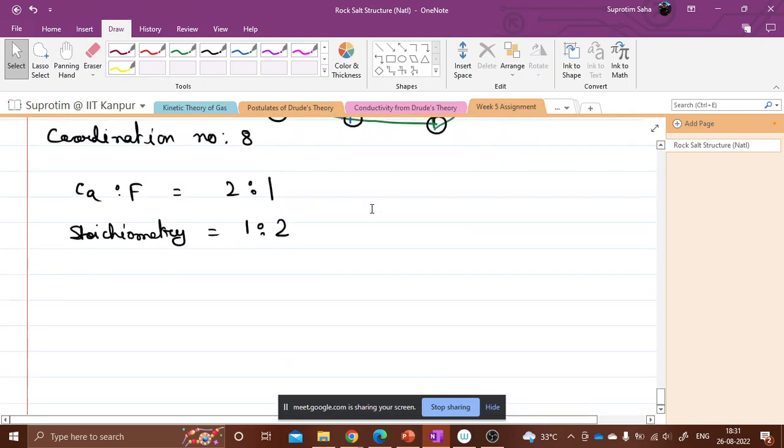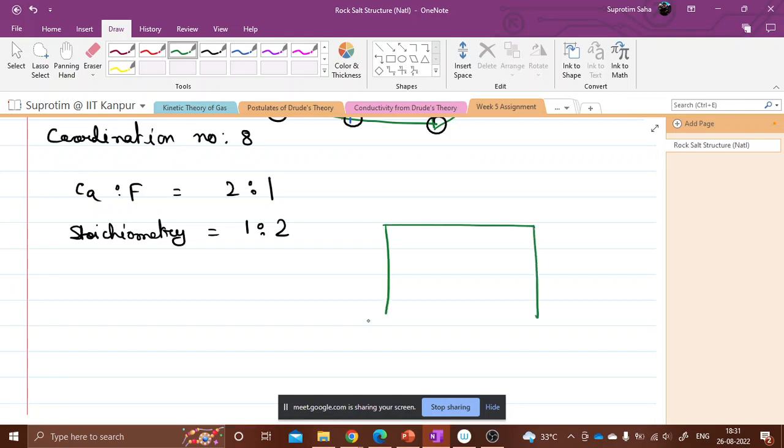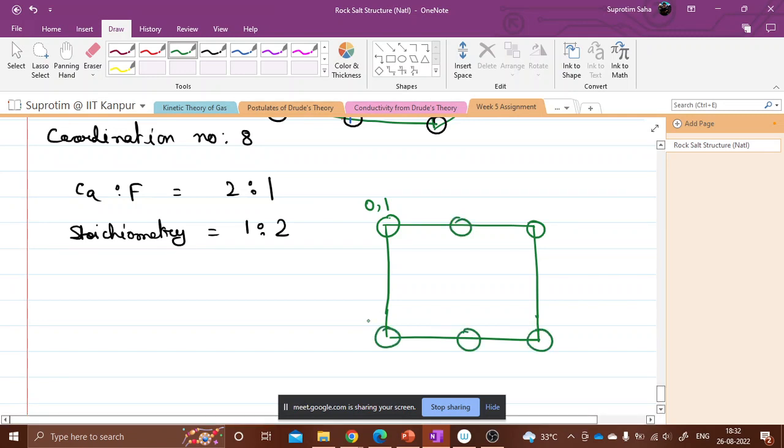So if I draw this schematic, this is only the z direction position of the cations.